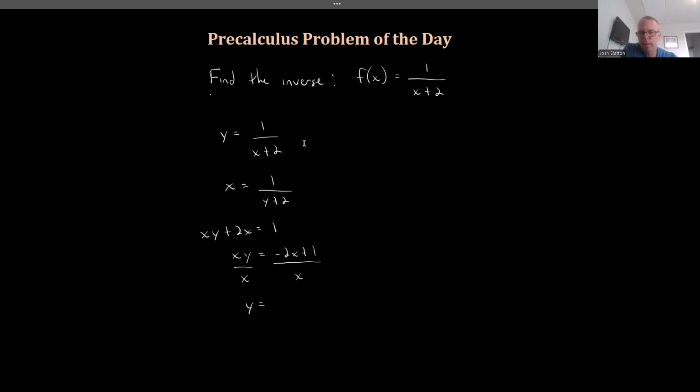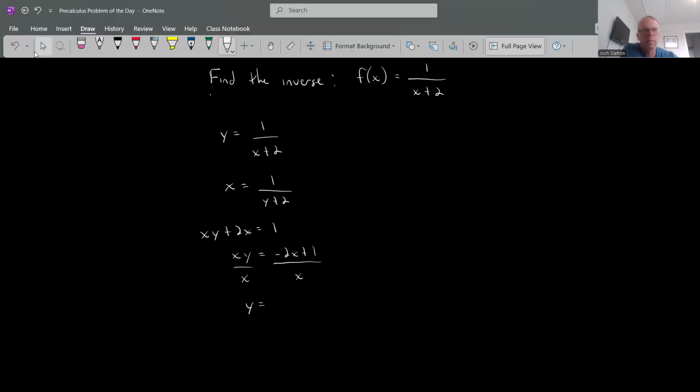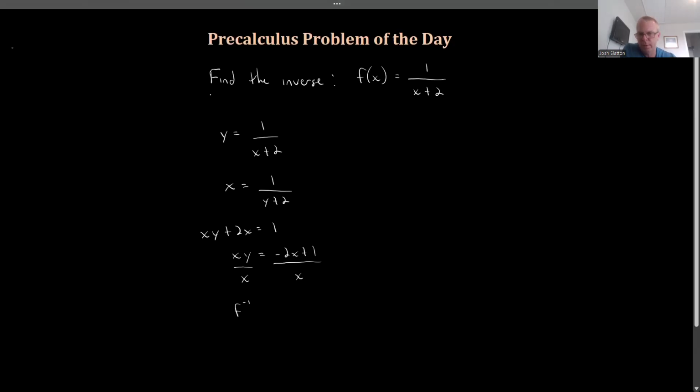So let's write that as the inverse. I guess we could divide that and get negative 2 plus 1 over x, but we'll leave it like this for now. So negative 2x plus 1 over x should be our inverse.